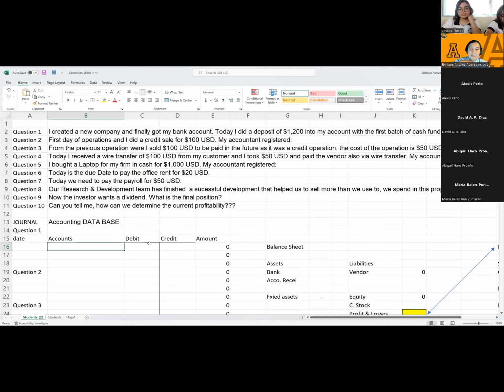So Enrique Aceves is giving money to Enrique Company; these are separate entities. I'm giving $1,200 to my company. How would you record that? From a company perspective, that money, what is it?